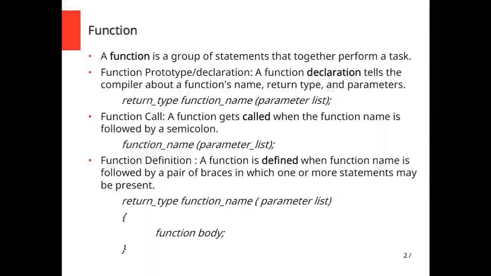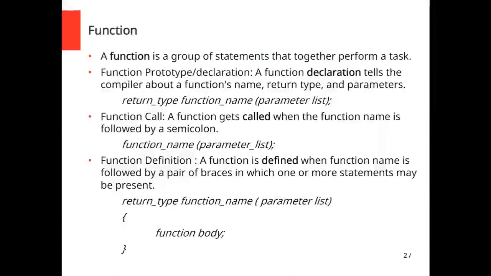So it is used in the very beginning of the program to mention that this function is being used in this program. The general format of a function prototype is return type followed by the function name, and we provide the parameter list inside the brackets.